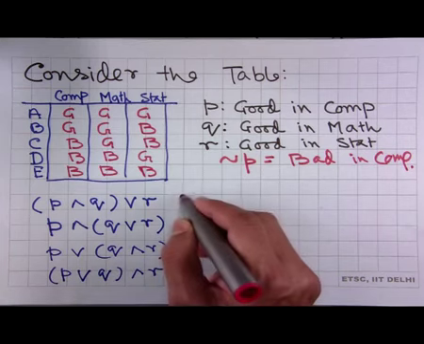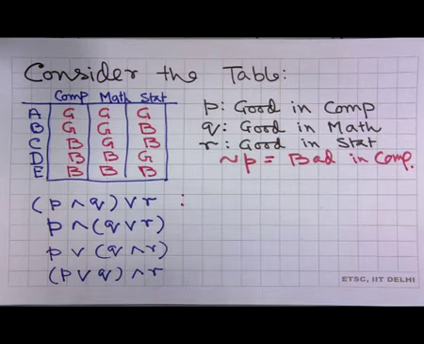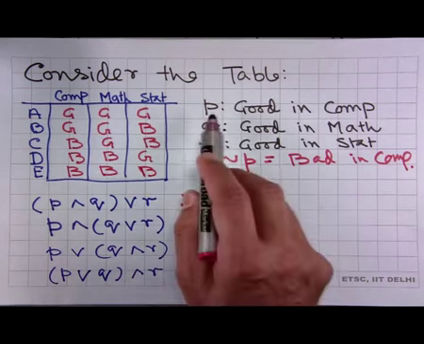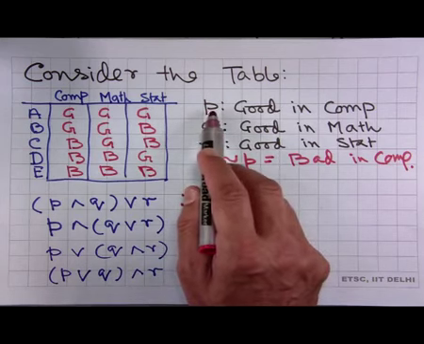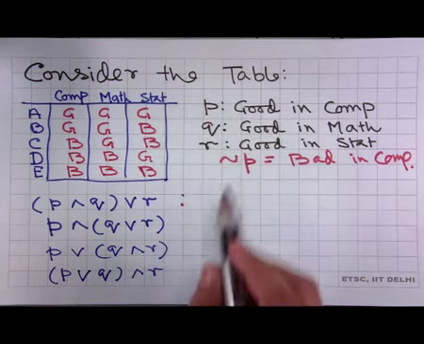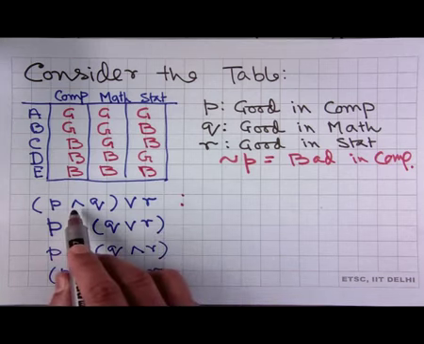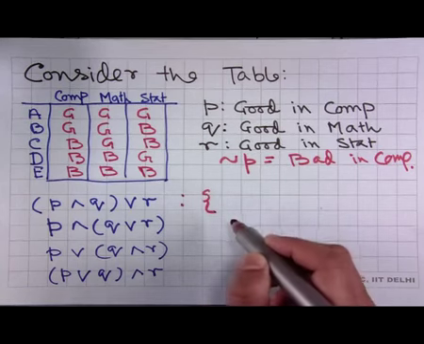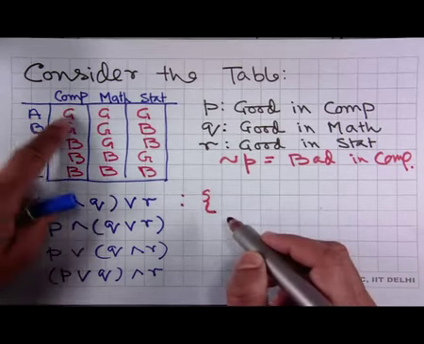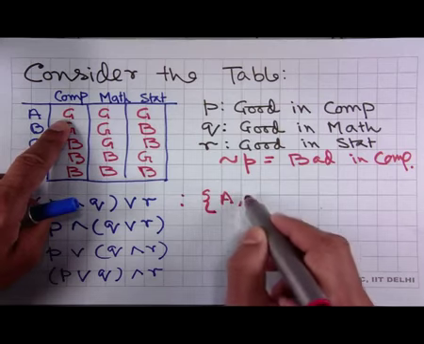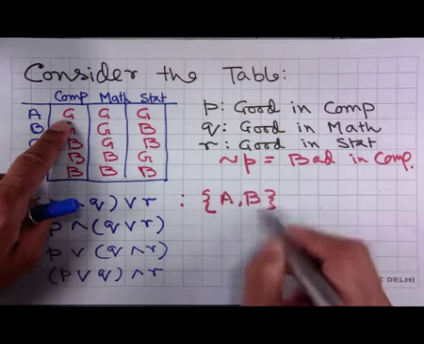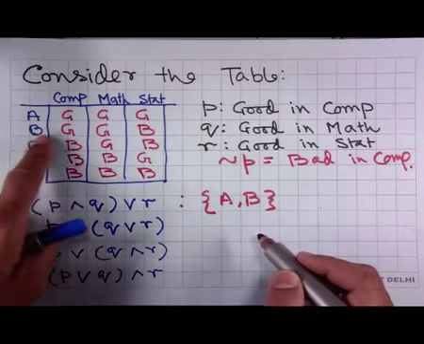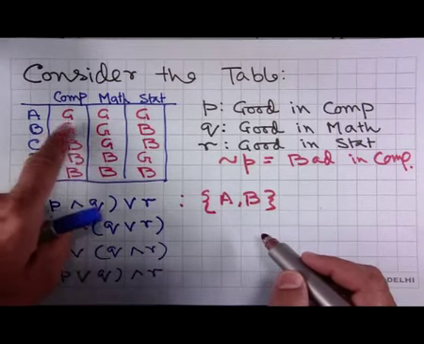So, P and Q means who is good in both computer science and math, P and Q. So, both of them have to be true. So, we can write P and Q, the truth set is A, comma B. B also is included because it is good in both.